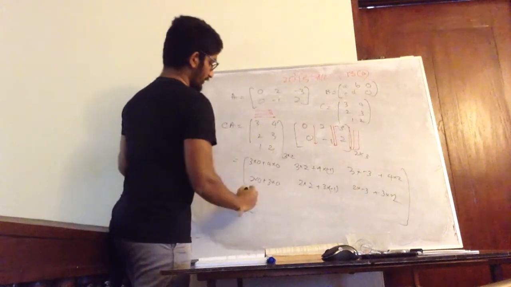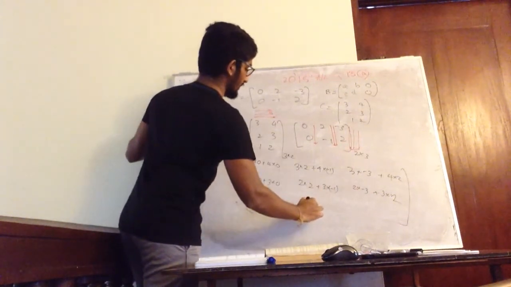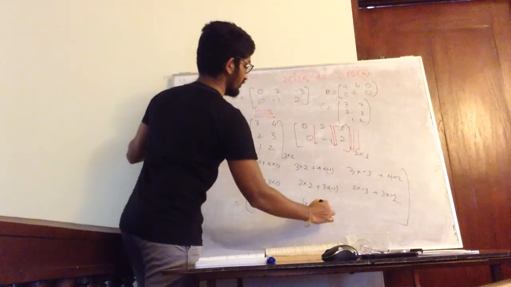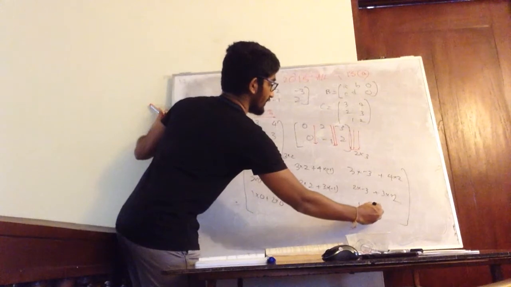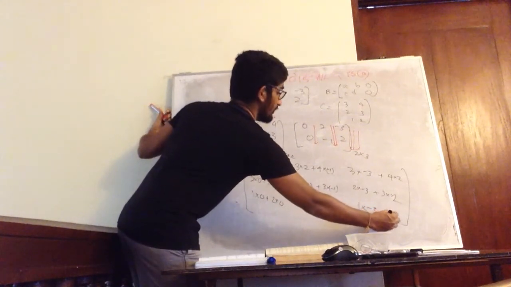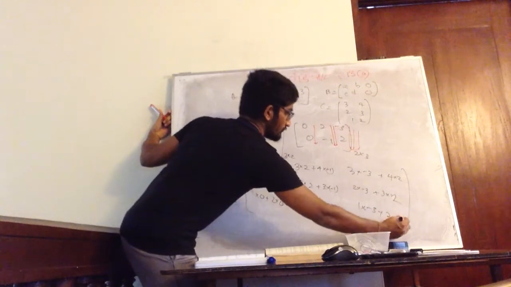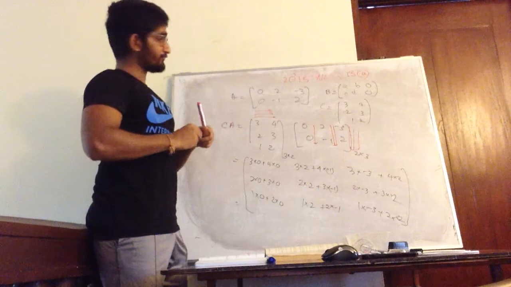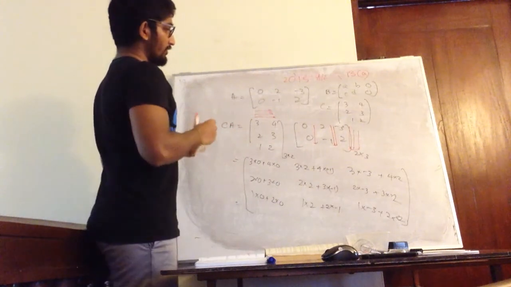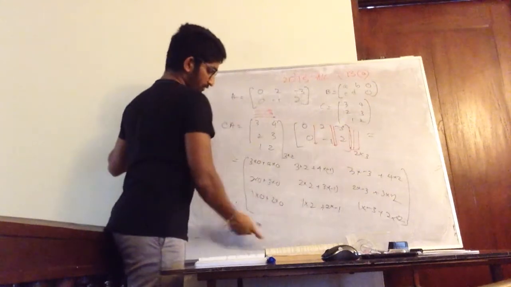Then 1 times 0 plus 2 times 0, 1 times 2 plus 2 times minus 1, 1 times minus 3 plus 2 times 2. Correct now? Right? So if I actually write the answer down, this part should come here.